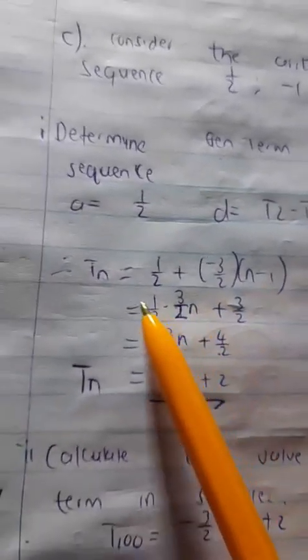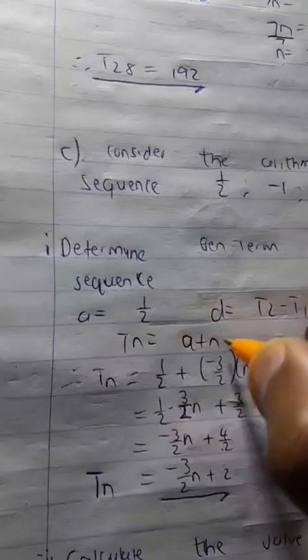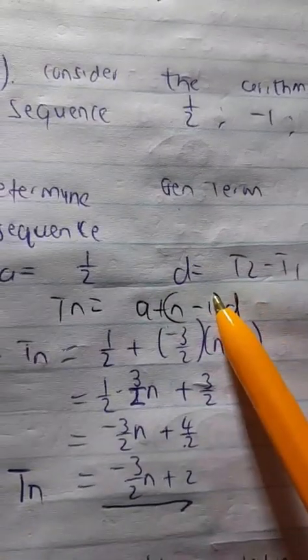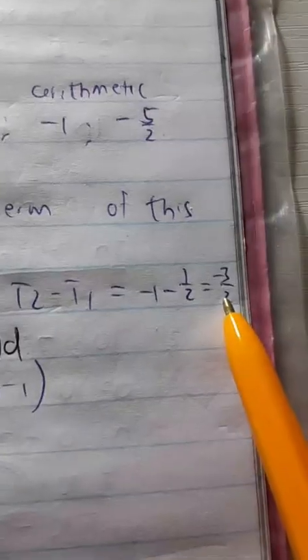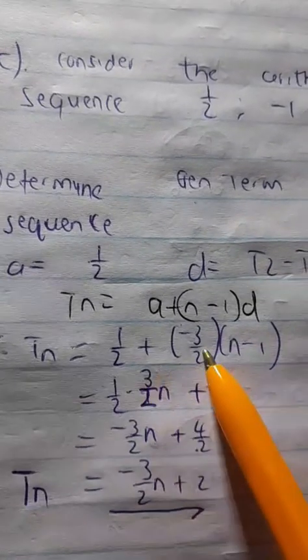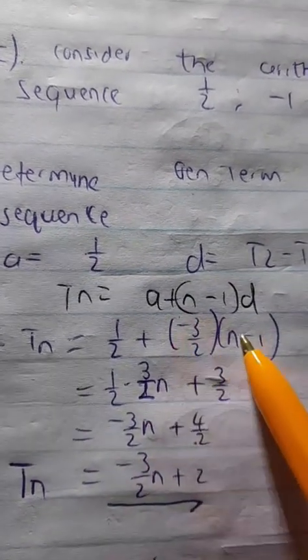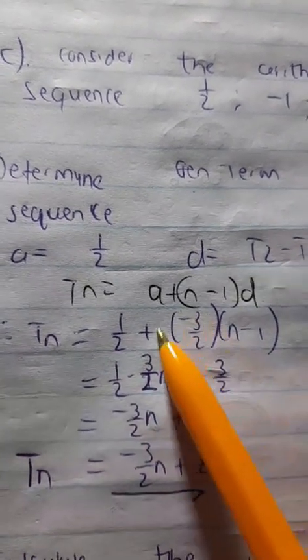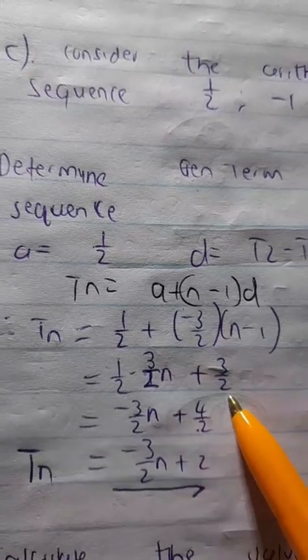Then you write Tn, the formula, A plus n minus 1 d. Then you substitute. A is half, plus, remember d, d was negative 3 over 2. This positive and this negative makes d negative 3 over 2. You distribute the negative 3 over 2 to n, you get negative 3 over 2n. You distribute it to negative 1, you get positive 3 over 2.